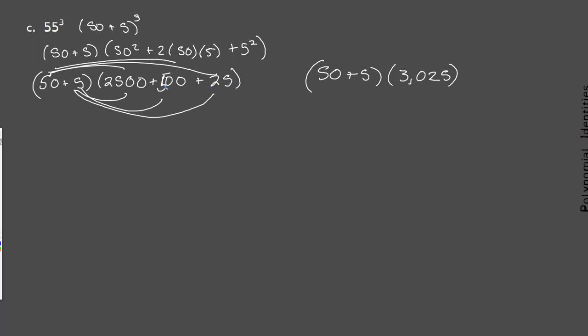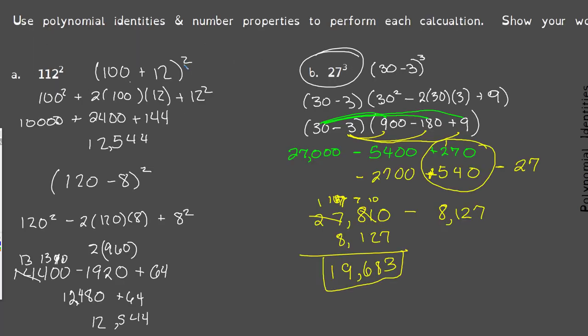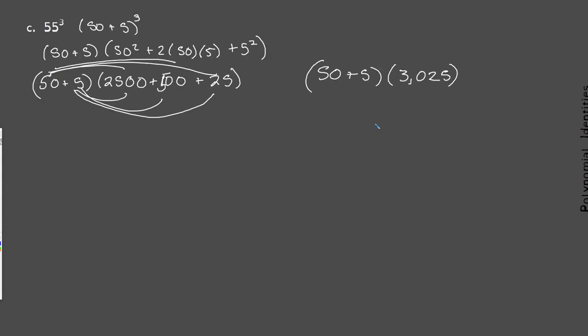So just realize you don't always have to keep it all expanded. Sometimes it's easier to keep it expanded, like when we're multiplying some of these. When we combined it together, it may have been more challenging to multiply by 30 and 3. But not always. Sometimes it's just as easy to go ahead and combine it. So 5 times 5 is 25.